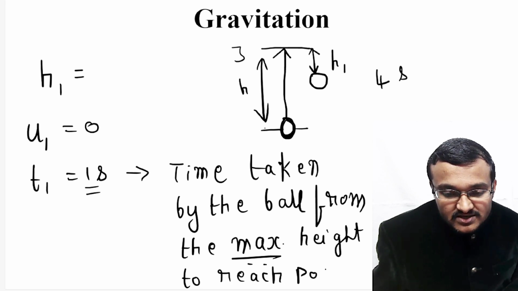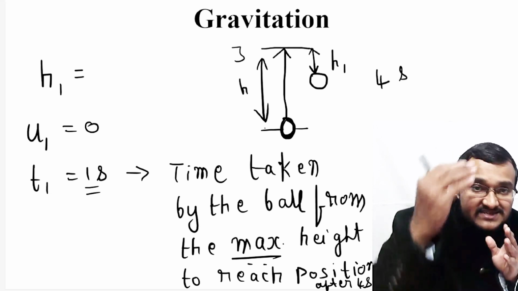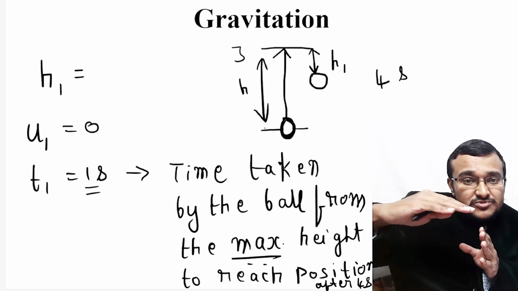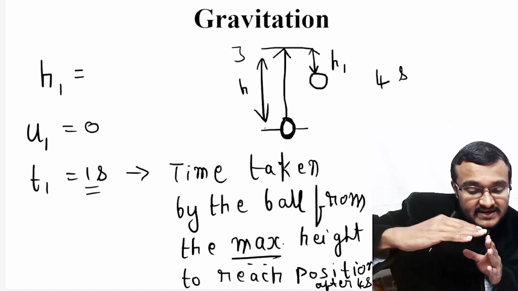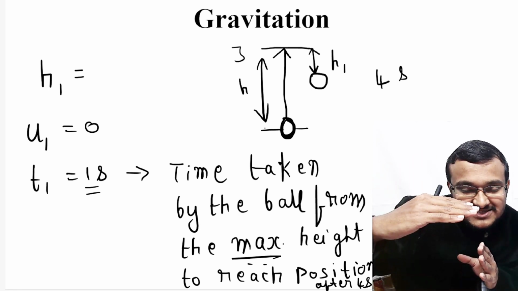To reach the position after 4 seconds: in the first 3 seconds it has reached the maximum height, and in the next 1 second it has reached a certain position.